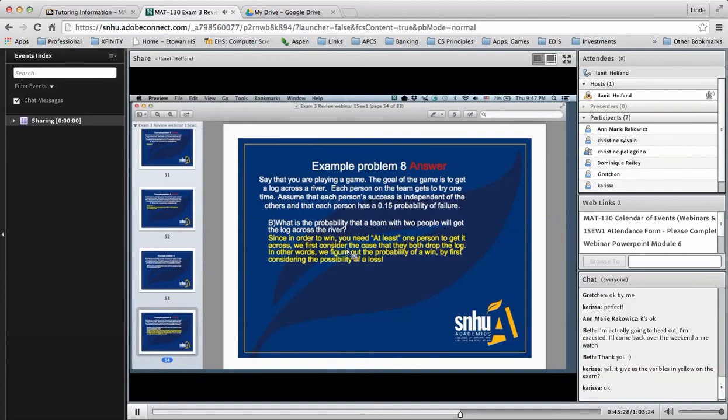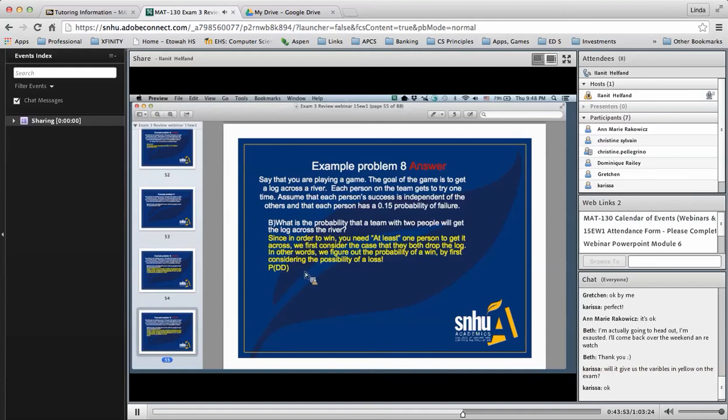What happens if it's not the case that at least one person gets it across? If neither person gets it across, that means they both drop the log. So in order to figure out the probability of winning the game, we first have to consider the probability of losing the game. You lose the game by both people dropping the log.